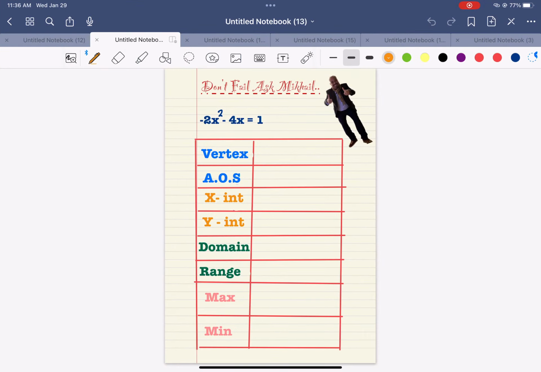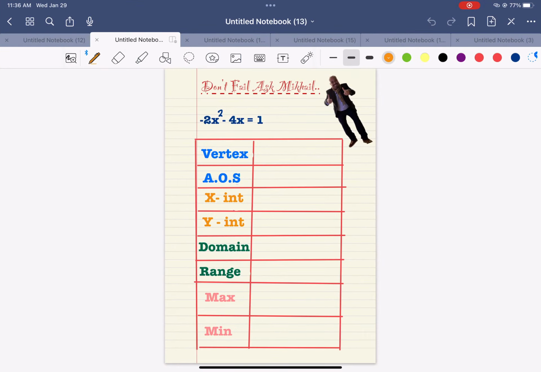How about the y? We take the negative 1 and put it in for x. That will be negative 2 times negative 1 squared, minus 4 times negative 1, minus 1. Negative 1 squared is 1, so that's negative 2, minus 4 times negative 1 is positive 4, minus 1.